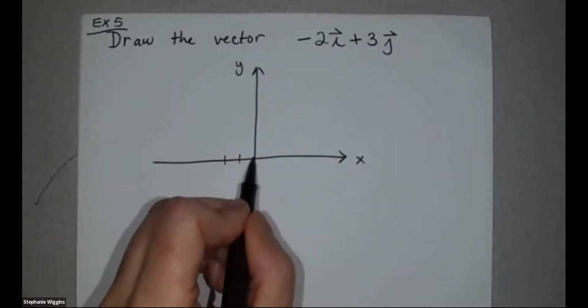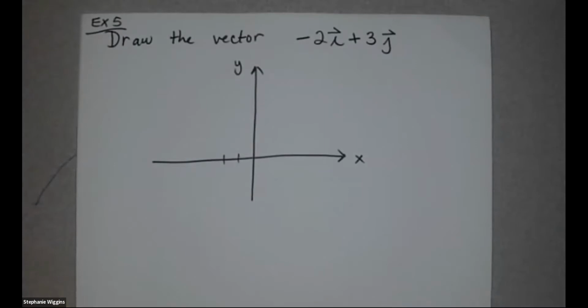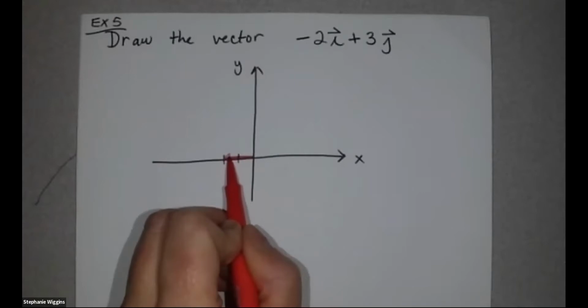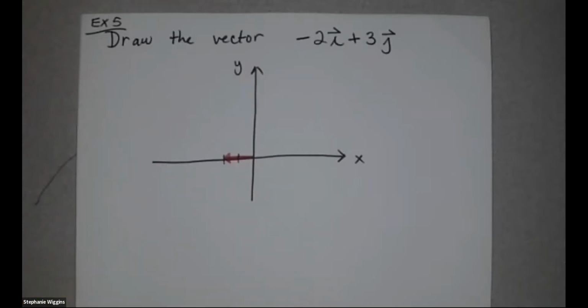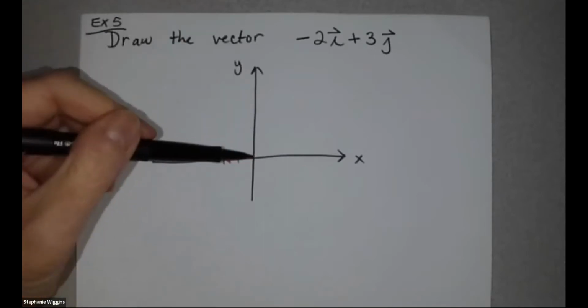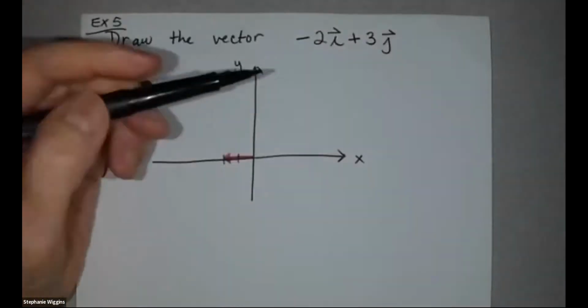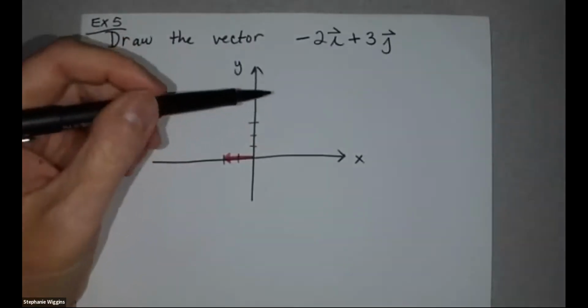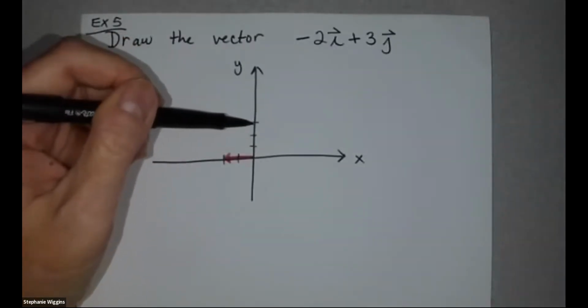And the length of that vector is going to be 2 units. So here's the x coordinate vector, if you will. And then we go in the +3 for y, so 1, 2, 3, and I'm pointing in the positive j direction.